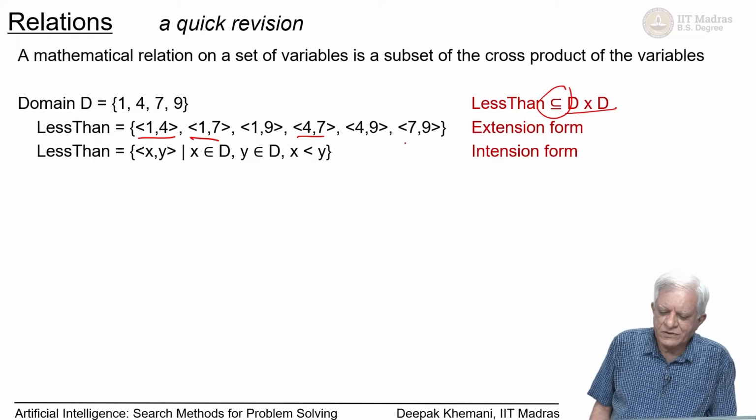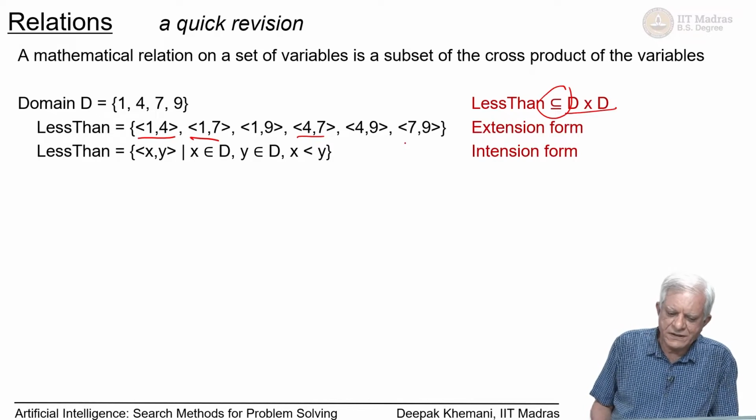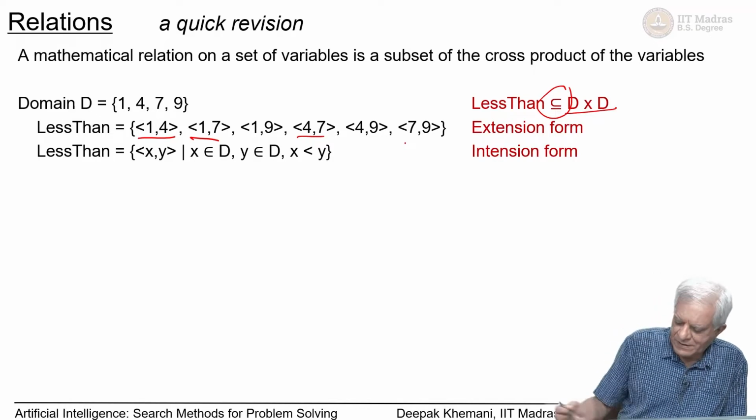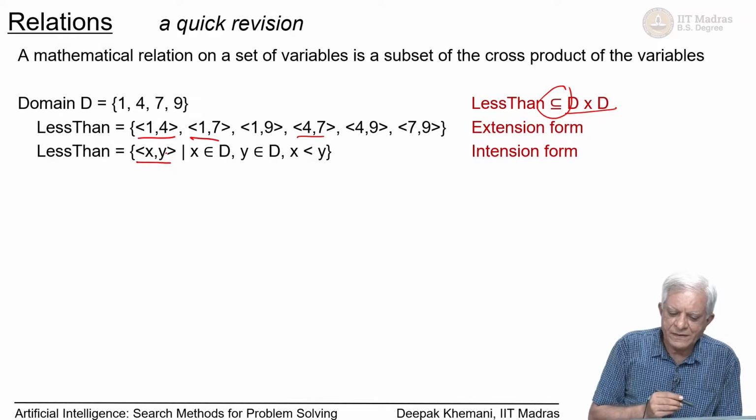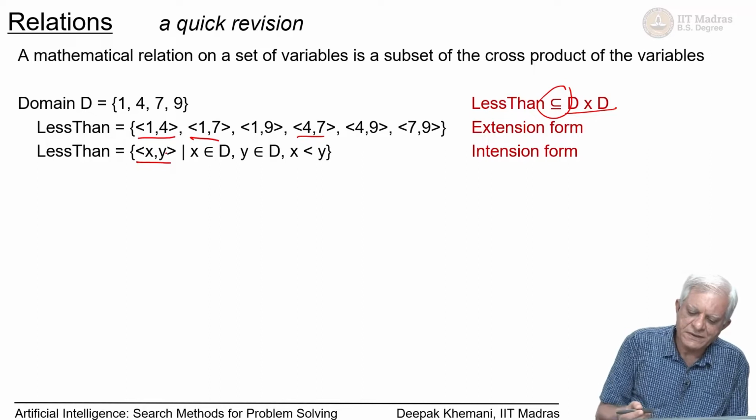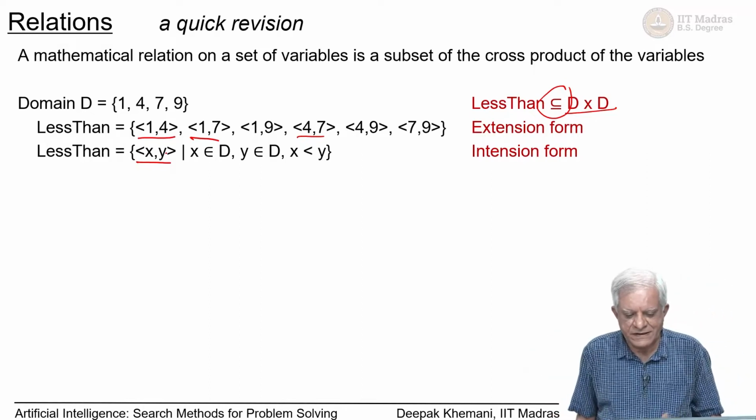Mathematicians would typically use an intension form, which means you describe the set in some way, and that description is that it is a set of all pairs x and y such that x belongs to D and y belongs to D, and x is less than y essentially. So, we are using the mathematical ordering less than in the description of the relation.